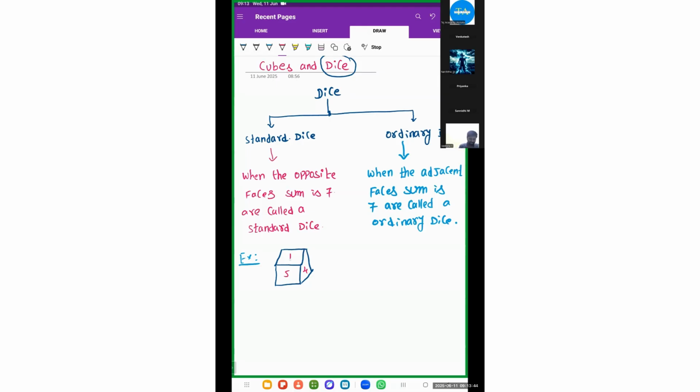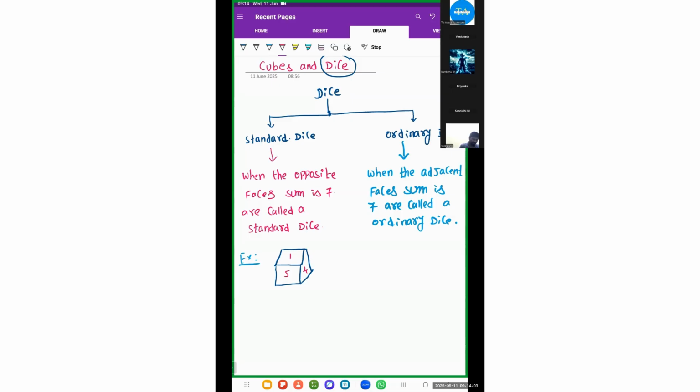Any two adjacent faces, here 1 and 4, will they get 7? No. Here 5 and 4, will they get 7? No. So what kind of dice is this? Standard dice. I told you a standard die means the opposite faces sum is 7.